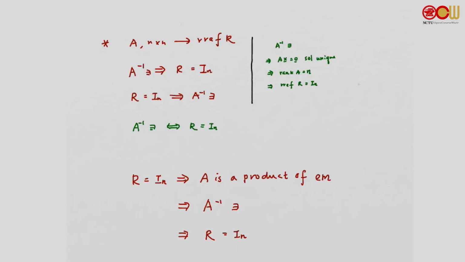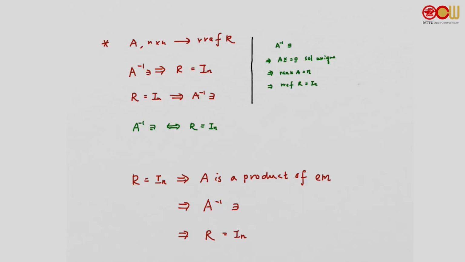On the other hand, we have also seen that when R is the identity matrix, then A is a product of elementary matrices, which implies that A is invertible. And using this result, we know this also implies R is the identity matrix. So again, all these are equivalent: R is the identity matrix, A is a product of elementary matrices, A inverse exists, A is invertible.